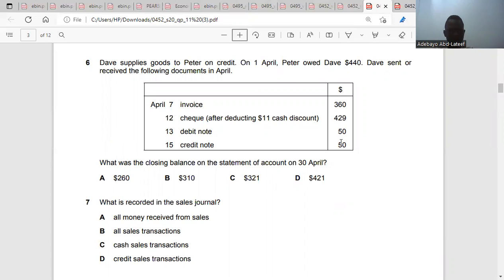So we have 440. The invoice sent, that's 360, plus 360, minus check paid 429, minus 50. So we have 321. Yes. Let's see again. Yeah. 440.